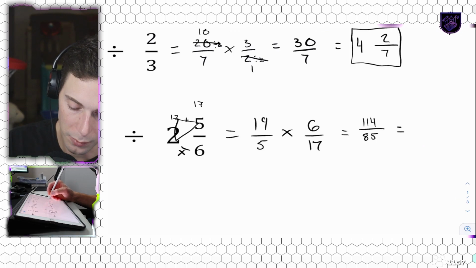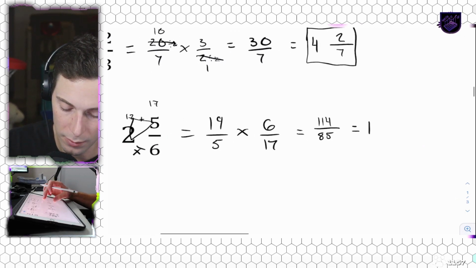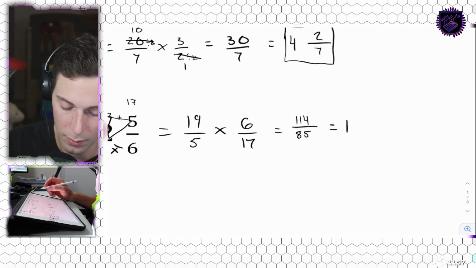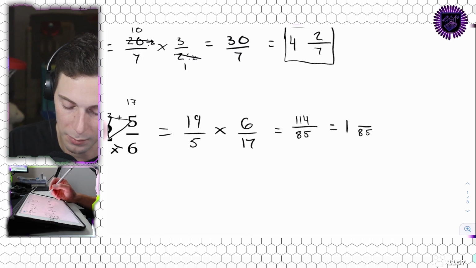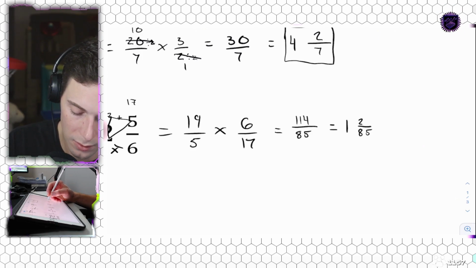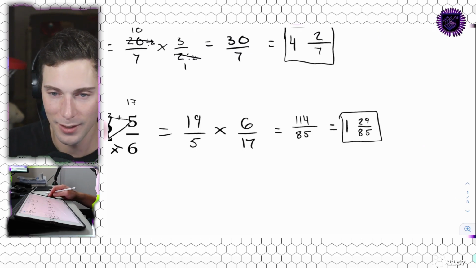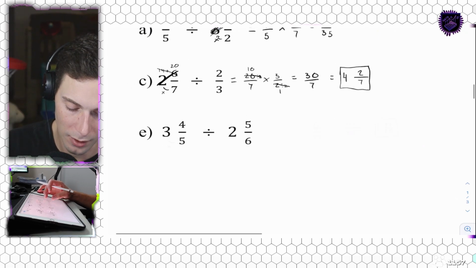So this is going to equal one whole group and 29 85ths. 29 and 85, no common factors. Okay.